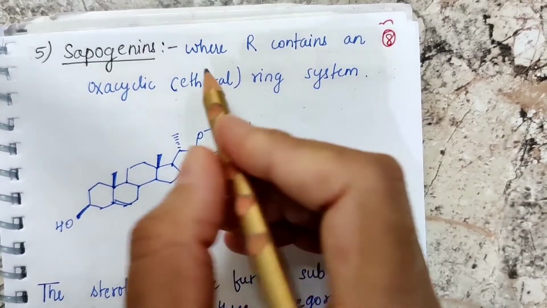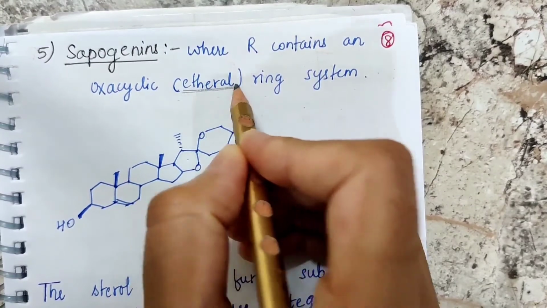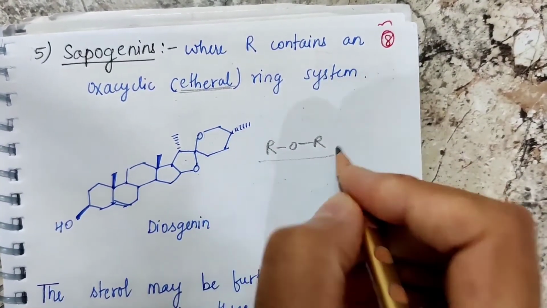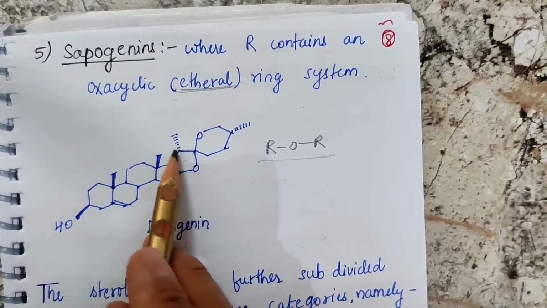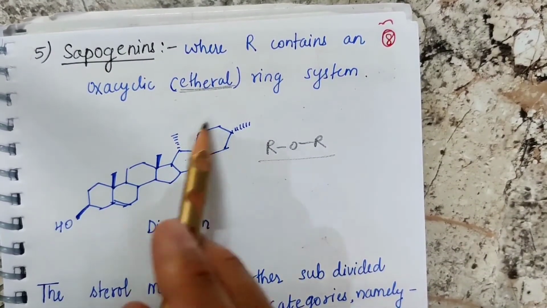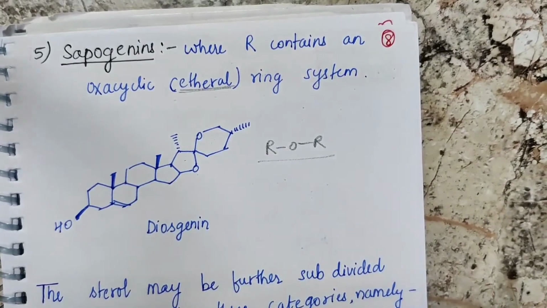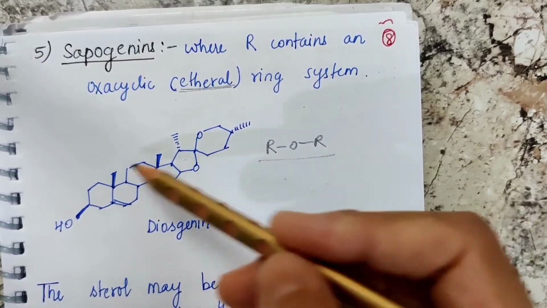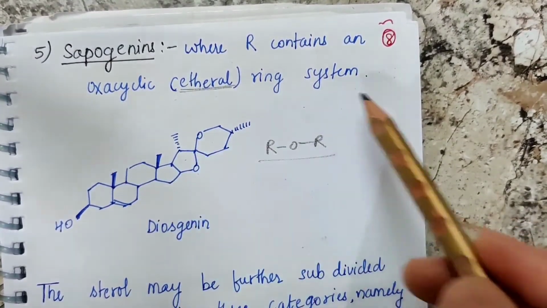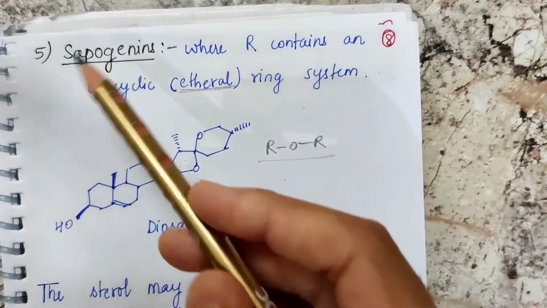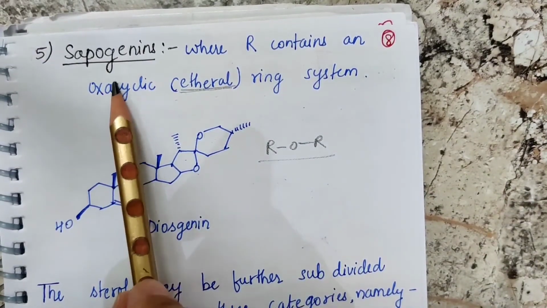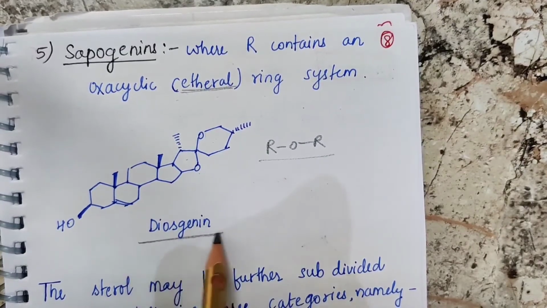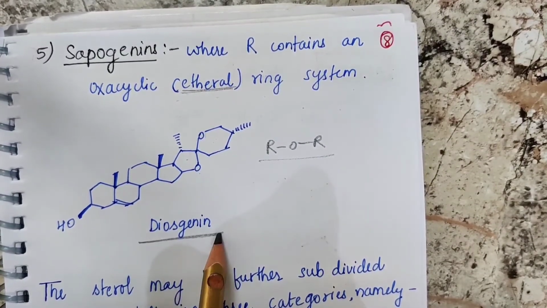So that's why it is called ethereal. The functional group is ether. These are oxacyclic rings. So if the substitution over this is an oxacyclic ring system, then it comes into the category of sapogenins. Example, digoxigenin.